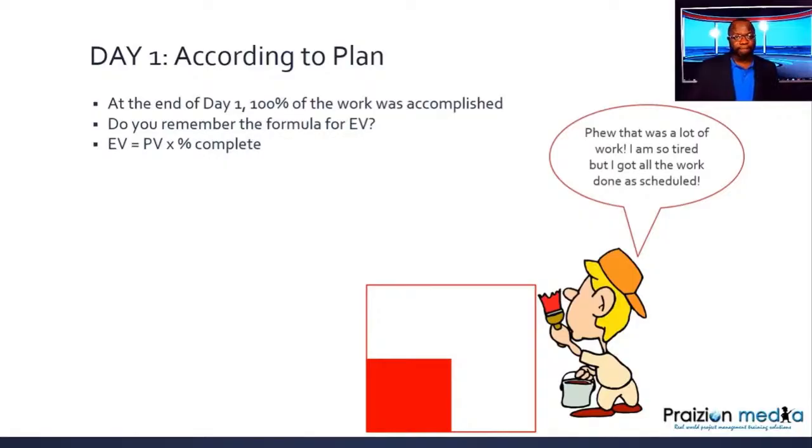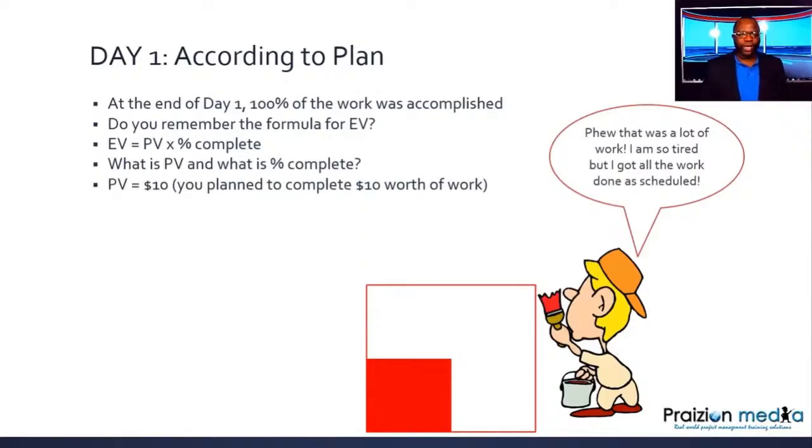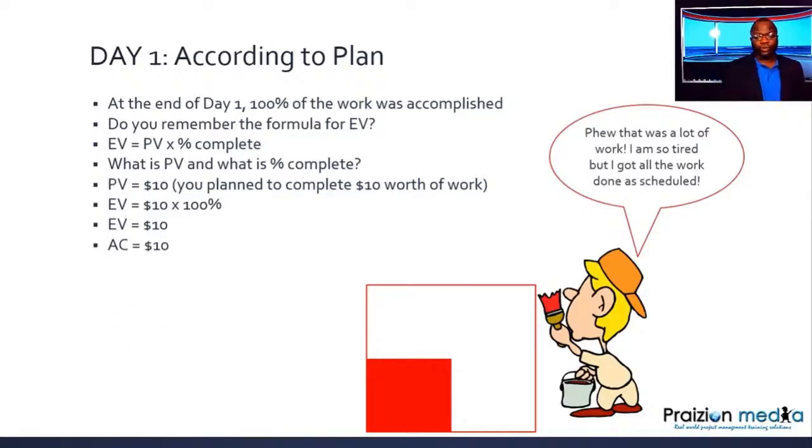But you could say 1/4 of the BAC was done. You see where I'm going? So you can calculate by saying, oh, 100% of the PV is done for day 1. Or you could say a quarter of the BAC, 25% of the BAC is done. You get what I'm saying? I hope you do. So PV is 10, we already know that. 10 times 100% will give you what? It will give you EV is $10, okay? So EV is $10, just taking a look at the image, okay?